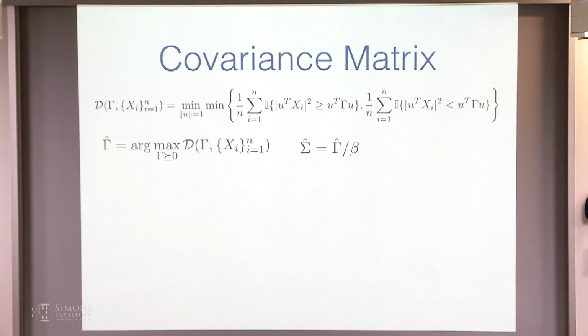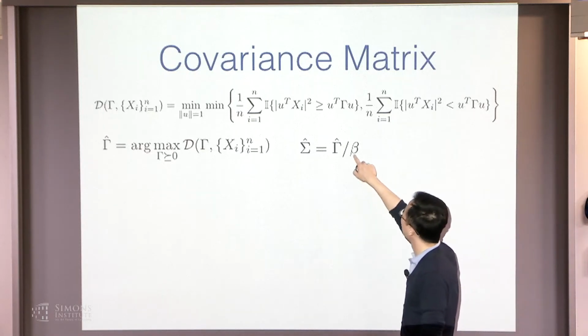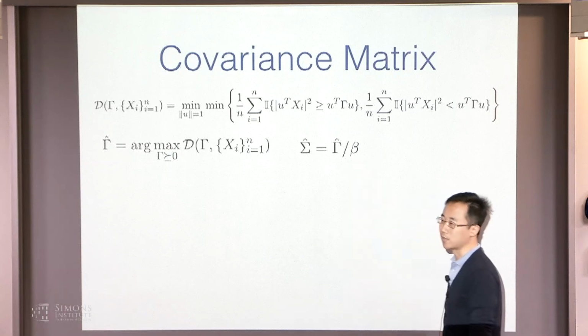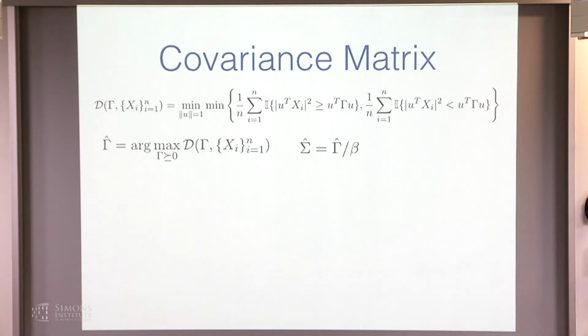The maximizer of it is not a direct estimator of the covariance matrix. You have to scale it back by a constant beta that depends on a Gaussian quantile function, because there is a constant difference between the median absolute deviation and the standard deviation. One is an estimator of the quantile, the other is an estimator of the second moment.